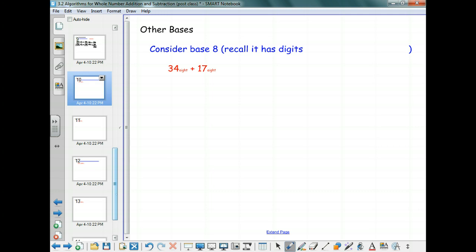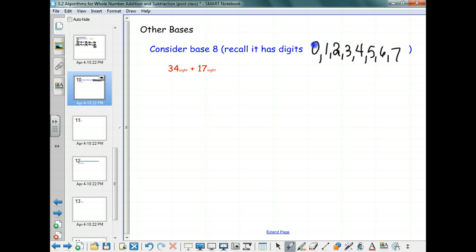We have 8 numerals, but we start with the numeral 0 and we end with 7. Okay, so the numerals go from 0 to 7. So there are no 8s and no 9s in base 8. Okay? 0 through 7. Everybody good?